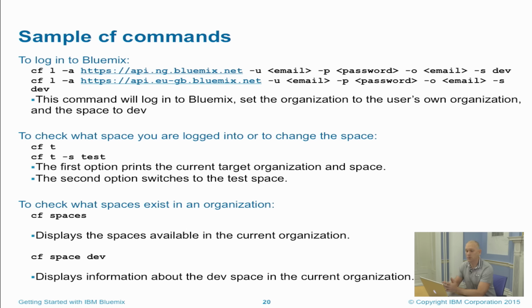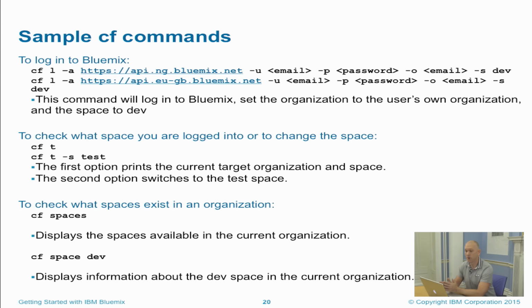You can put the options, so the email, the password, the organization, and the space. Or if you just type CF login -a and the URL, it will then prompt you for your username and your password. It'll give you a list of all the organizations you signed up to, and then all the spaces within the organization.